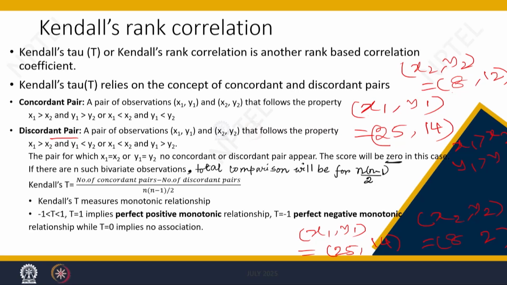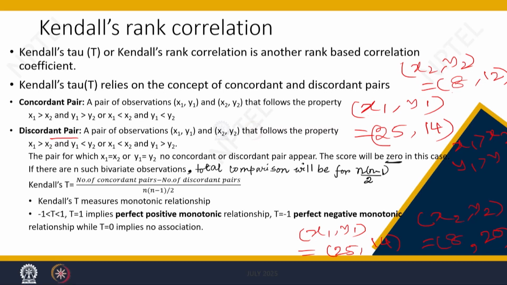In case we change y2 to, say, 20, then you will see the reverse inequality. x1 is bigger than x2, but y1 is smaller than y2. y1 was 14 and y2 for the second observation is 20. So the inequality is reversed. In that case we say that these two pairs, x1, y1 and x2, y2, are discordant.